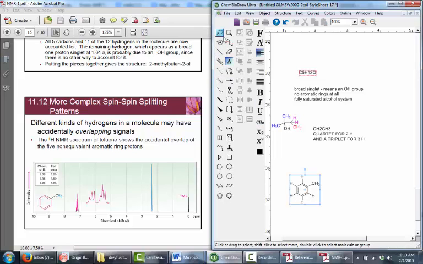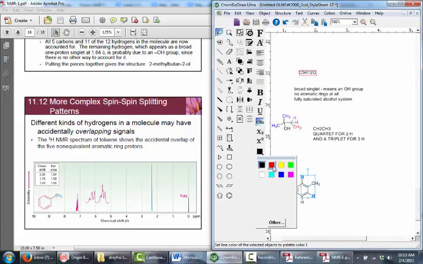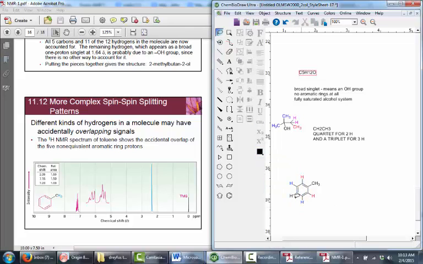And what you should be seeing is splittings where the ortho guys, my metas and my paras. In theory, these orthos should be split by the metas. The metas should be split by the para and the 2 orthos, and the para should be split just by the metas. But because these signals end up being so close together in energy, you just see a situation that looks like this. This is a monosubstituted benzene ring.